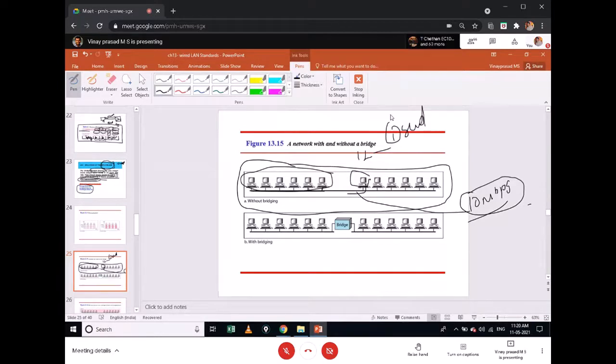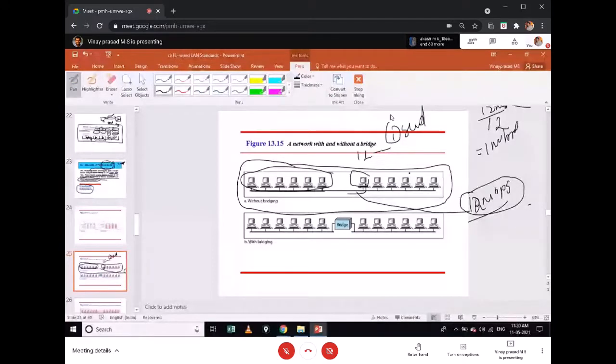If all stations could transmit at the same time, obviously the total bandwidth we have should be shared across all these hosts. If you have 12 hosts and the bandwidth of this link is 12 Mbps, and this complete bandwidth should be shared with these 12 hosts, then each host will get how much? 1 Mbps.